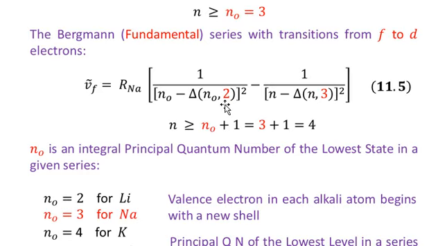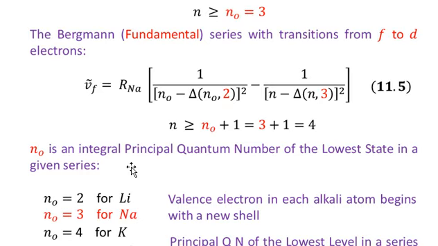All these F levels will decay to the D levels, which is l equal to 2, and the principal quantum number for that lowest state, n naught, is equal to 3. So all the higher levels will have n equal to n naught plus 1, which is 3 plus 1 equal to 4.